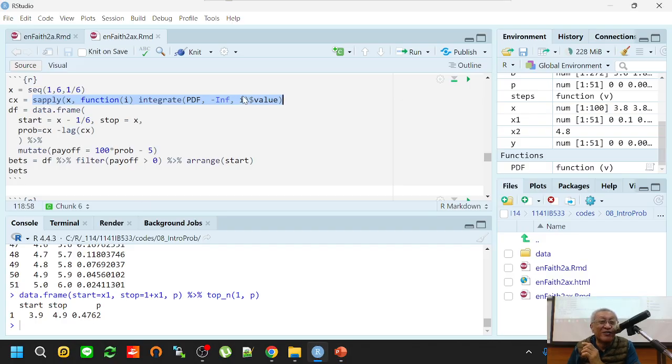In this expression, I already have a sequence of 10-second period boundary times, and I can calculate the CDF value for every boundary time. Then I can use cx minus lag cx. In this way, I can calculate the probability for every 10-second period.